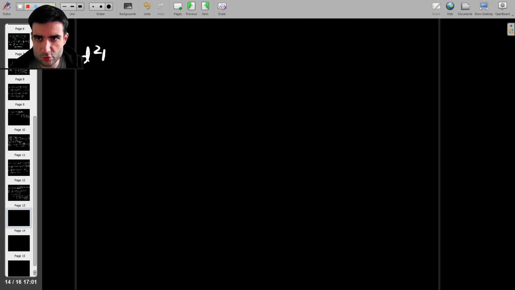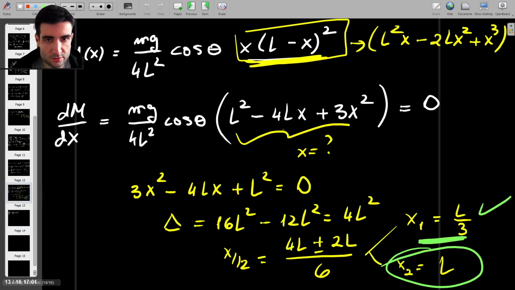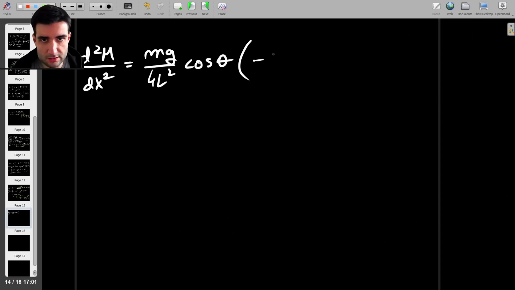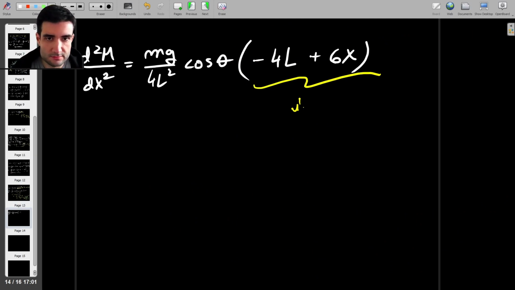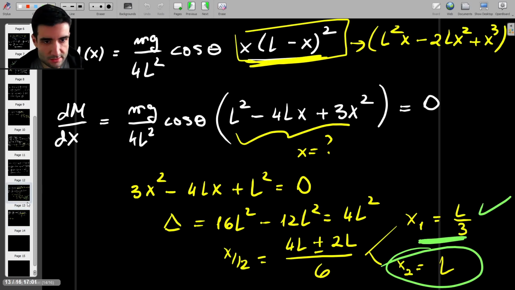So if we do d squared M over dx squared, we're going to find that this is equal to mg over 4L squared cosine of theta multiplied with minus 4L in the brackets and then plus 6x. So if this is negative, then we're done, because that's the only thing which controls the sign of the second derivative. So that's minus 4L plus 6 and x is L over 3.